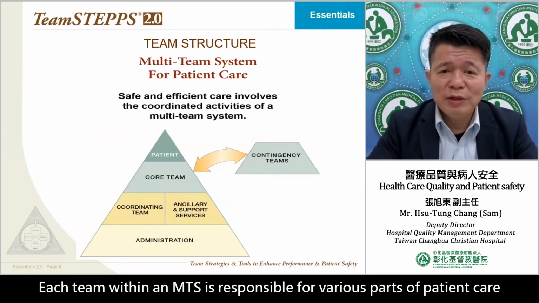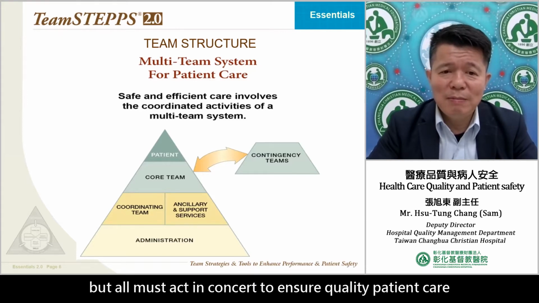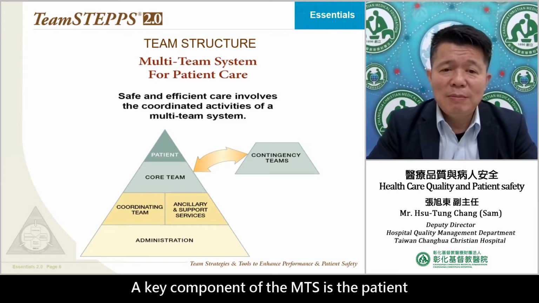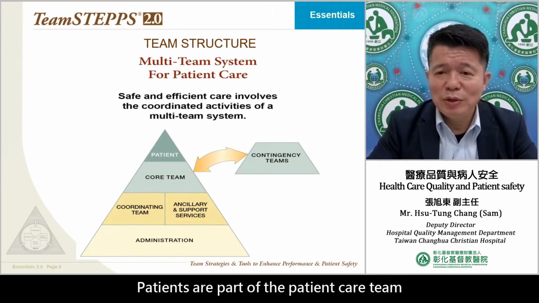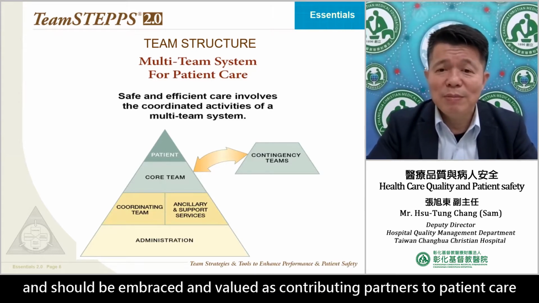Each team within an MTS is responsible for various parts of patient care, but all must act in concert to ensure quality patient care. A key component of an MTS is the patient. Patients are part of the patient care team and should be embraced and valued as contributing partners in patient care.